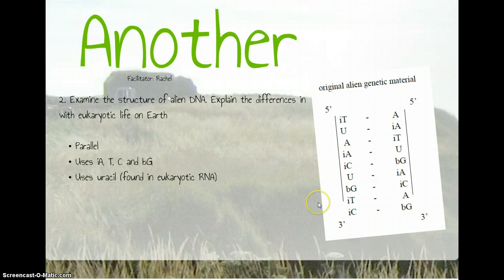Now, a big difference is that it uses different nucleotides, like isoadenine, isothymine, isocytosine, and beta guanine. It sort of seems unclear here, but it's supposed to say it uses iso for all of these things here. And of course it also uses uracil, and that's only in eukaryotic RNA, not the DNA. So it's a big difference.